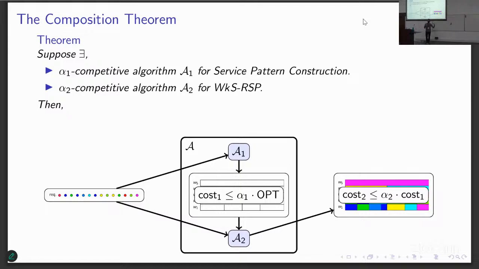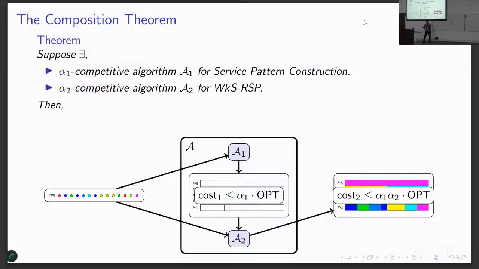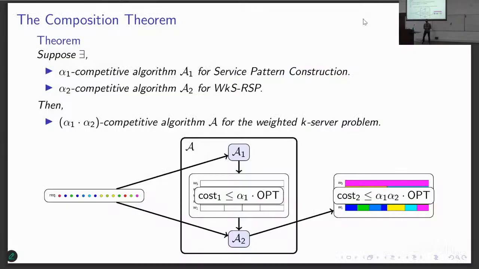So cost 2 is at most alpha 2 times cost 1, which is essentially alpha 1 times alpha 2 times opt. Now we get an algorithm which is alpha 1 times alpha 2 competitive for the weighted case server by composing these two problems.